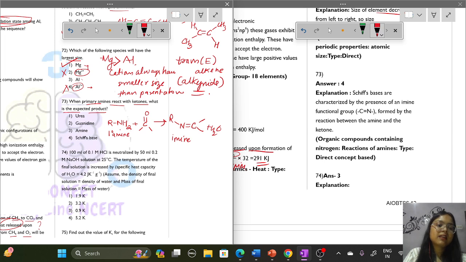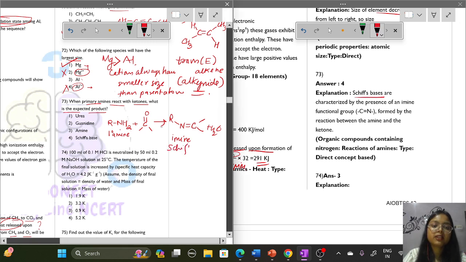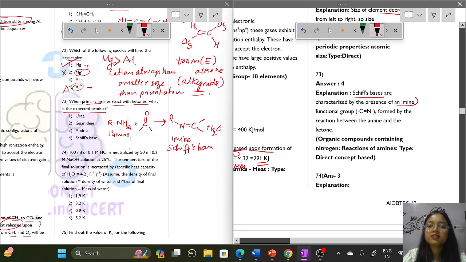Imine is formed, also called Schiff's base. Schiff's bases are characterized by the presence of an imine functional group, so the answer will be Schiff's base.